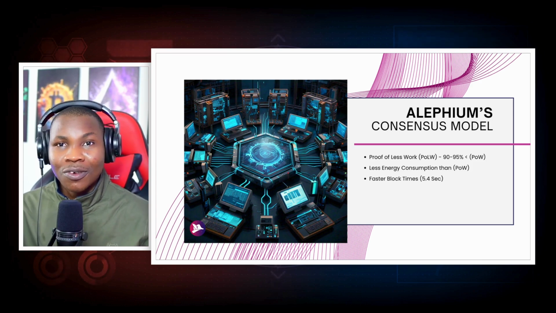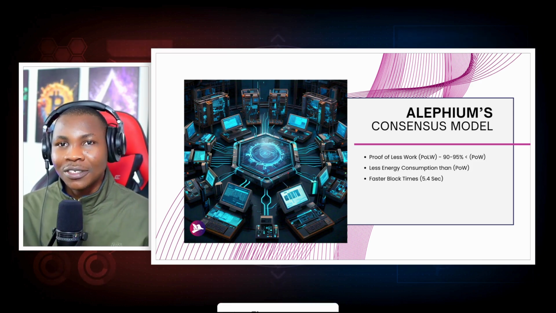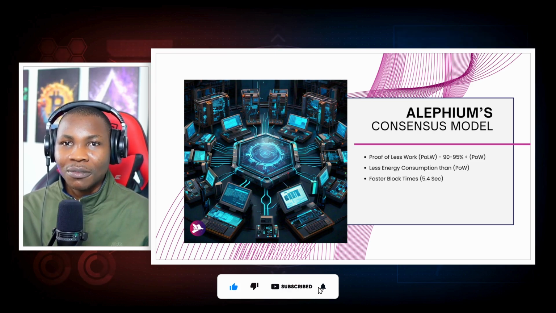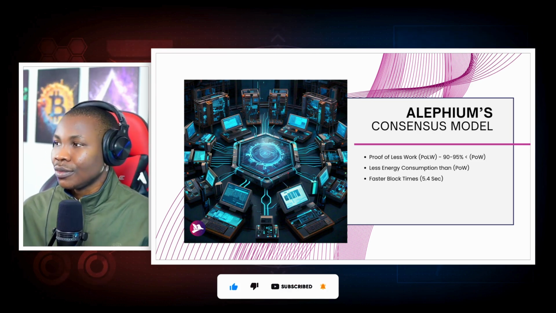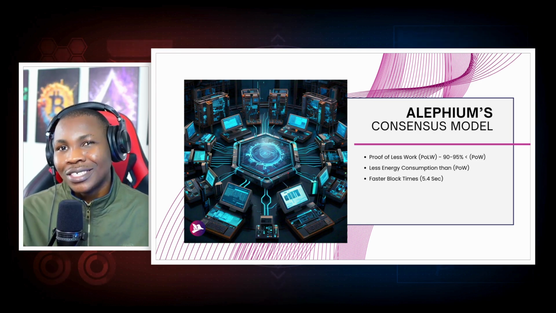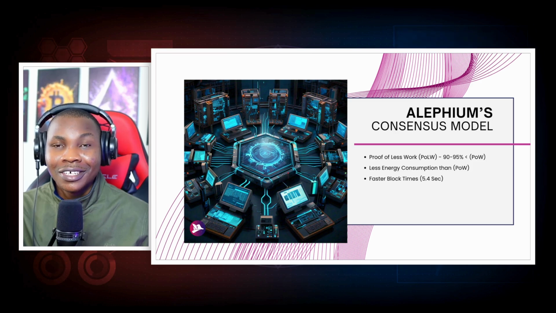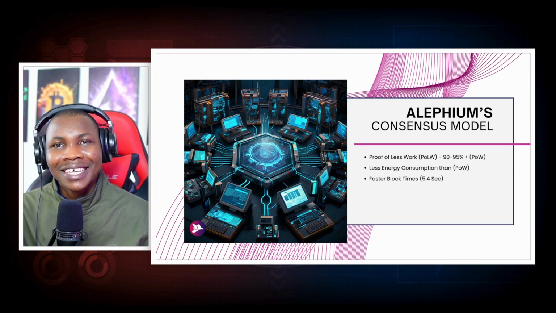It used to use proof of work as well. So let me tell you a couple of things about the Alephium blockchain consensus model. One, it uses an algorithm called proof of less work. Okay, it's a version of proof of work, but it's actually less work.